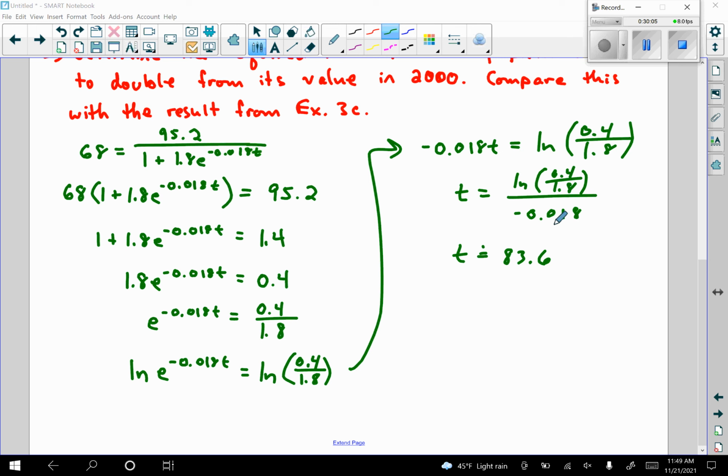So if we go back to example 3C, we were told, or we found out, the population would double in approximately almost 75 years, or 74. So this is 9 years after that.